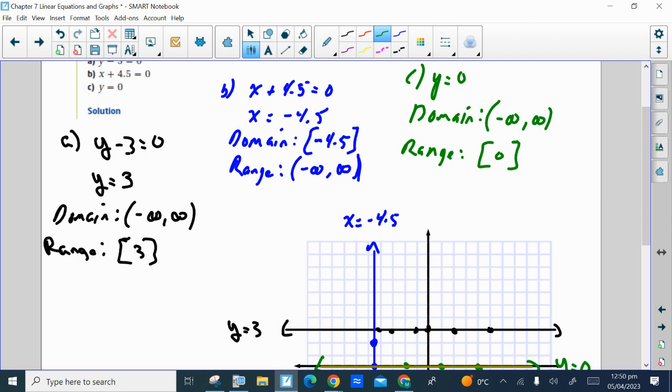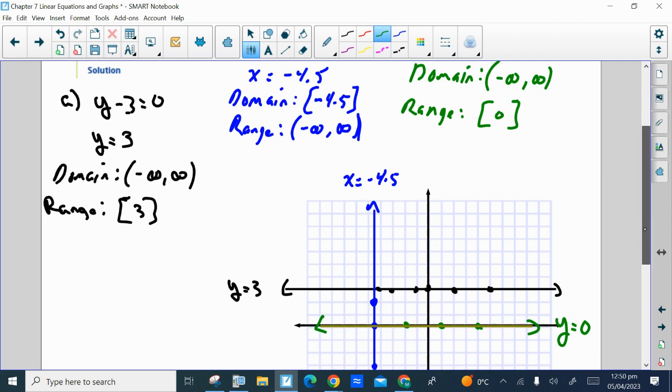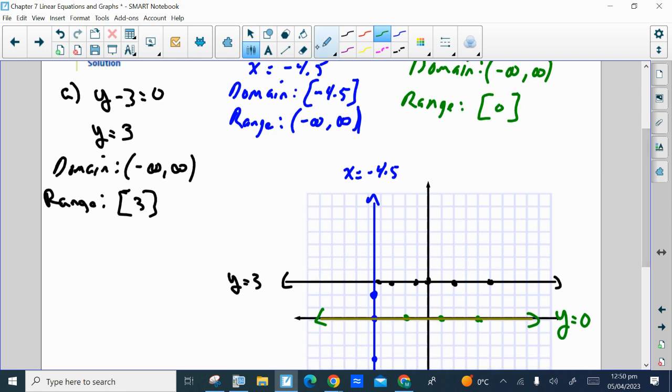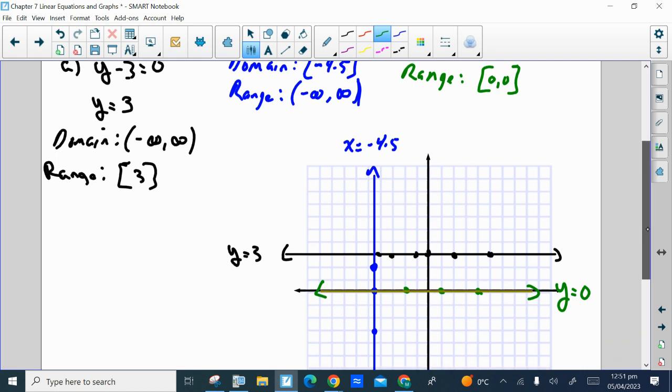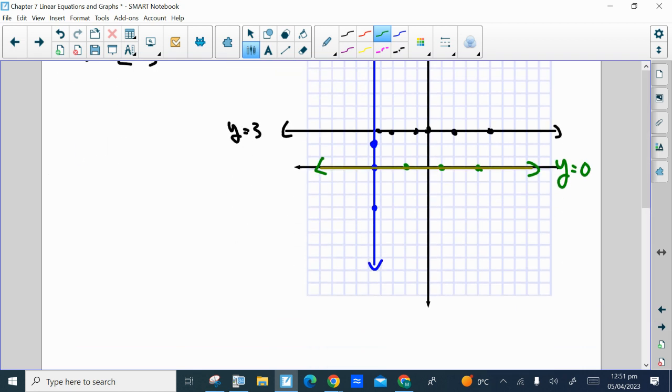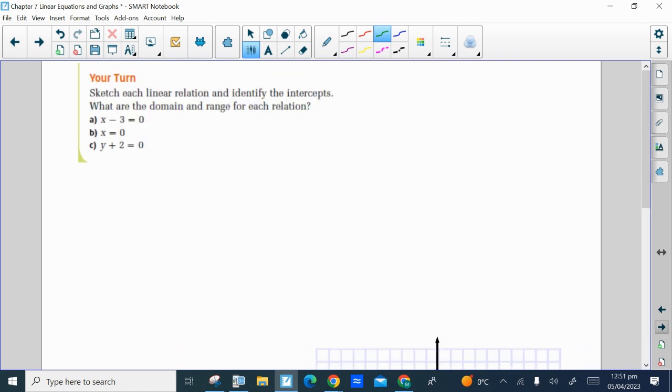And again, if you're going to use this notation, we have to use square brackets, not rounded brackets. And if you wanted to, you could write 0, comma 0. That's fine too. Or you can just write the first 0, but again, you have to use the square brackets to make sure that those are included.